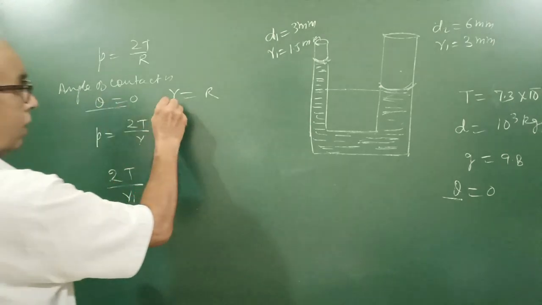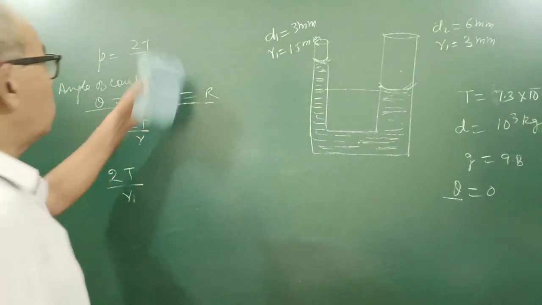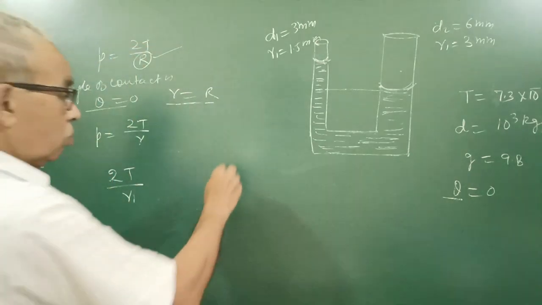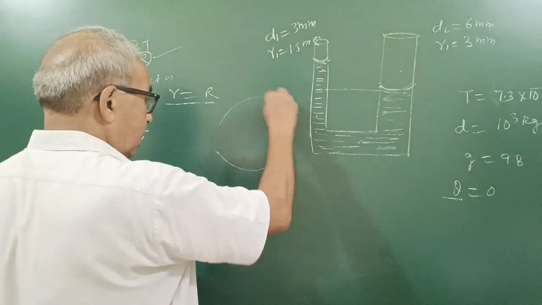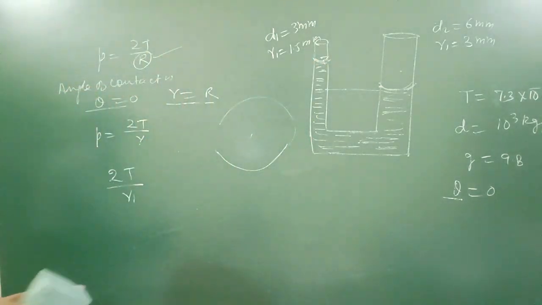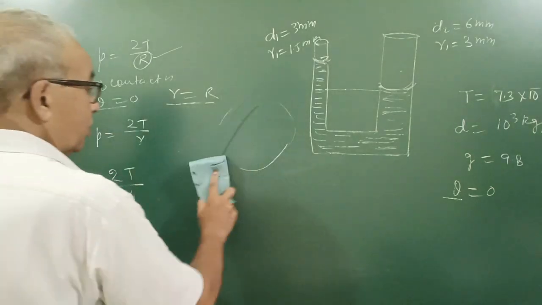When theta equals 0, the radius of the capillary equals the radius of the curved surface. Capital R is the radius of the curved surface, and small r is the radius of the capillary. So when the angle of contact is 0, the radius of the capillary is equal to the radius of the curved surface.